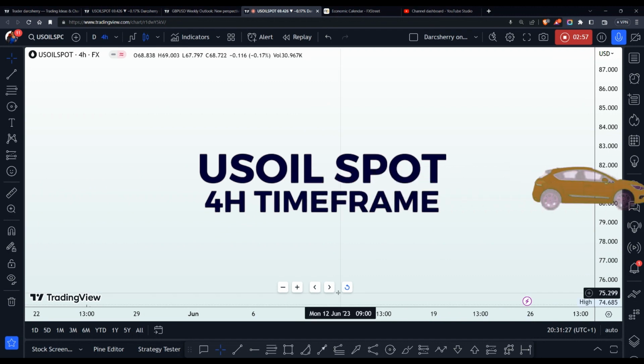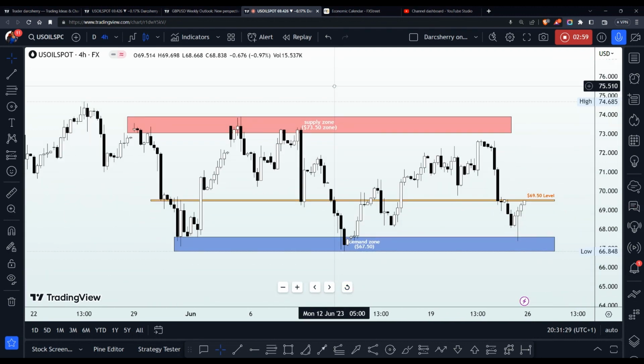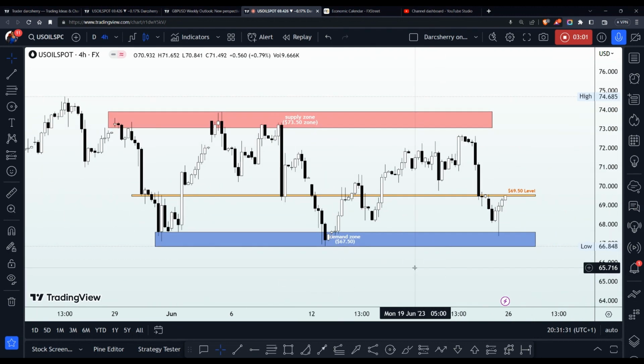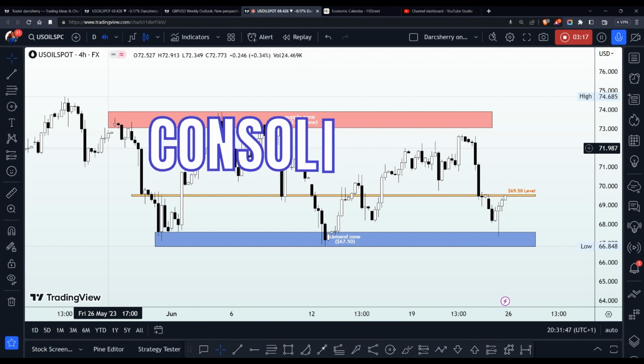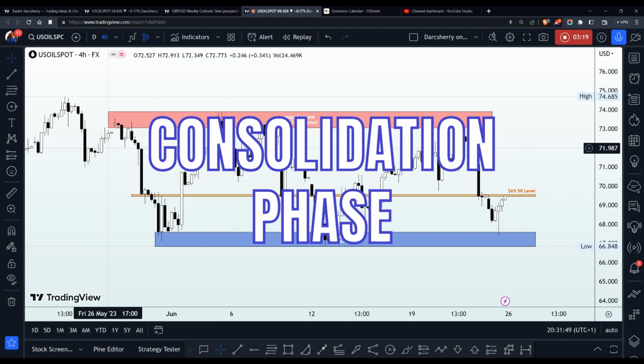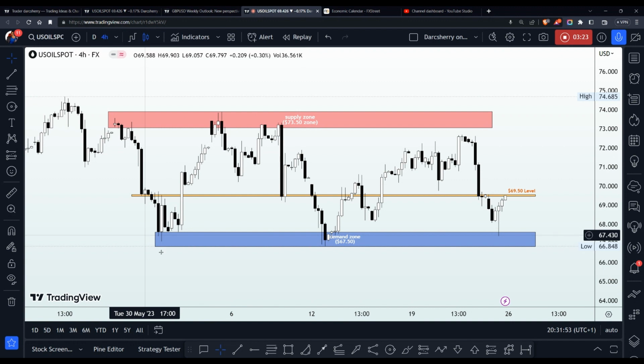Now, the first thing I did on this chart was to go into the 4 hours time frame and to take into consideration the activity of price action since the beginning of this month. And one interesting thing I was able to decipher from this current structure is that price action has been consolidating, which reveals the level of indecision in this market.